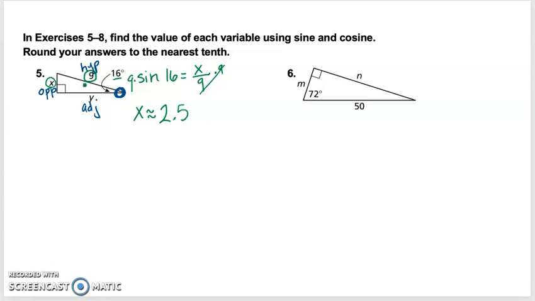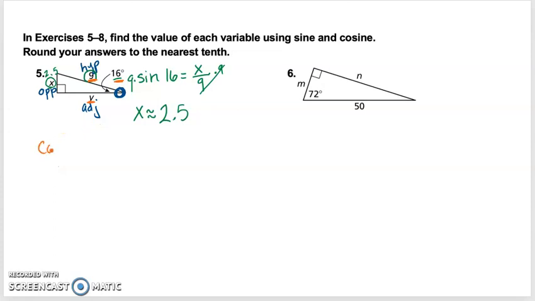So now I need to find y. I do know now that x is about 2.5, but I really shouldn't use it, ideally. It's not good to use rounded values to calculate other values, so we try to avoid that if at all possible. So I want to use what I started with initially here. I've got 9 I'm given, y is what I'm looking for, still using my 16 degrees, so then you ask yourself, which ratio uses adjacent and hypotenuse? Cosine.